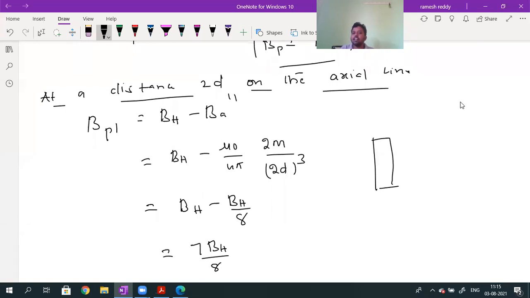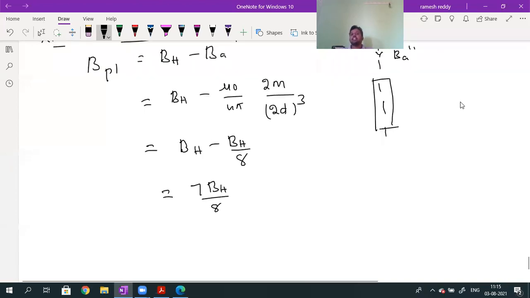At a distance of D, the BH value and BA value are both equal. At a distance of 2D, this is the value of BH, and here is the direction of BA double dash. BA double dash value will be smaller than BH. So BP dash is BH minus BA double dash. Then I can calculate the resultant magnetic field induction value.